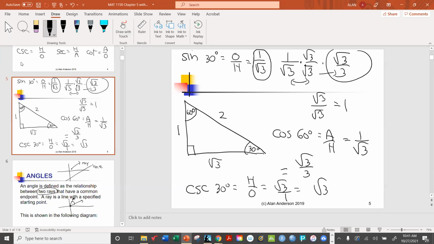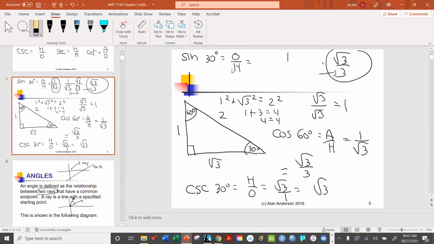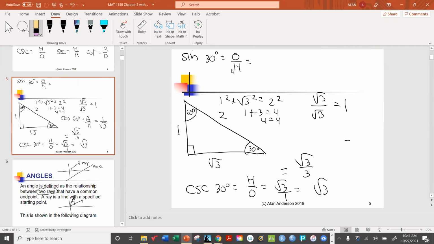You know how you can tell, because with the Pythagorean theorem, it should be 1 squared plus radical 3 squared is 2 squared. 1 plus 3 equals 4. 4 equals 4. Sorry about that. So this one should have been not 1 over radical 3, but 1 over 2. Okay, that means this one's not going to be right either. All right, so it's 1 over 2, which is very nice and easy.